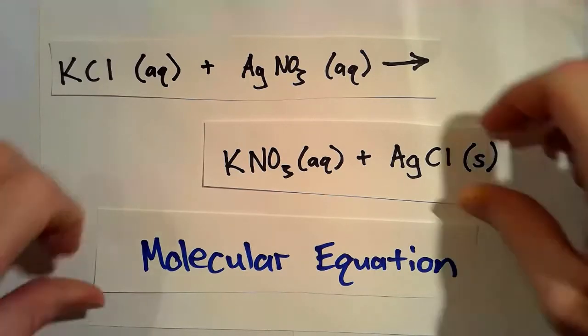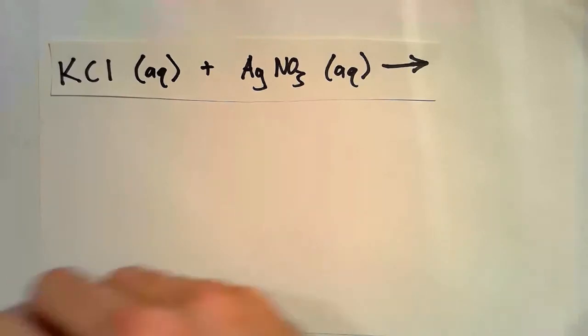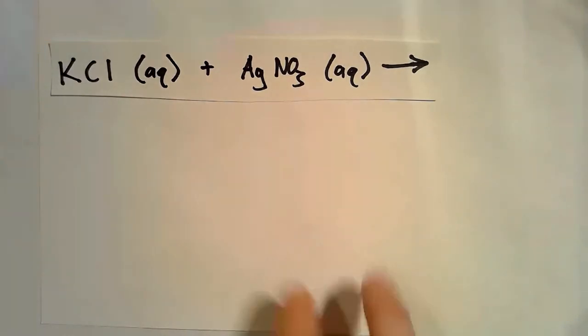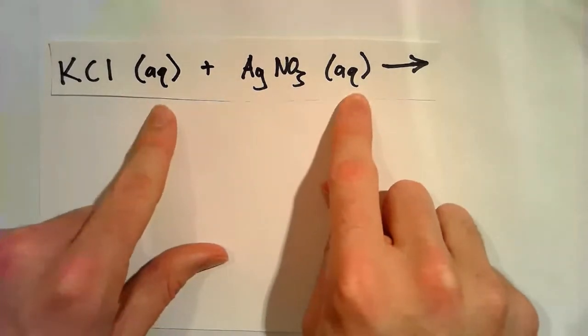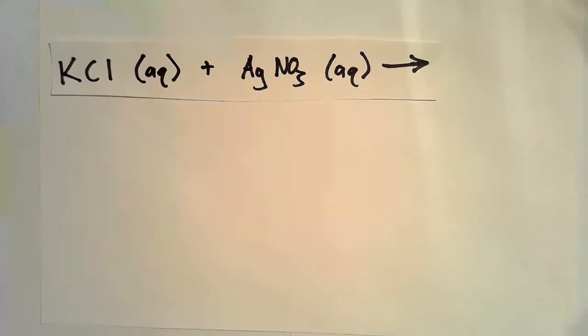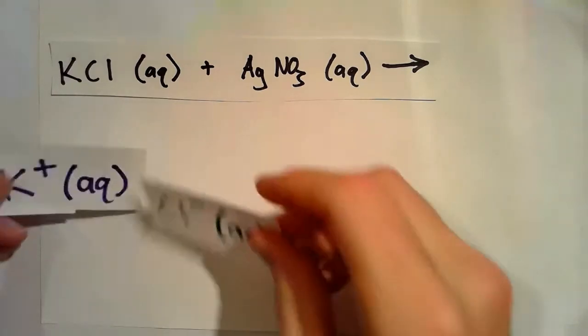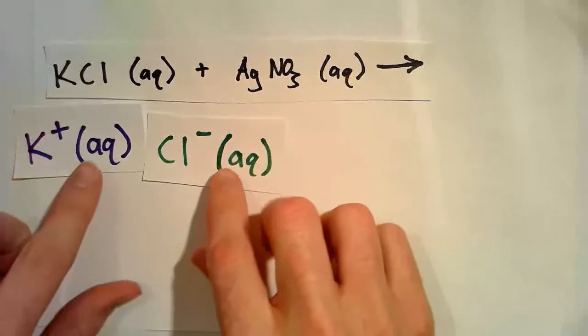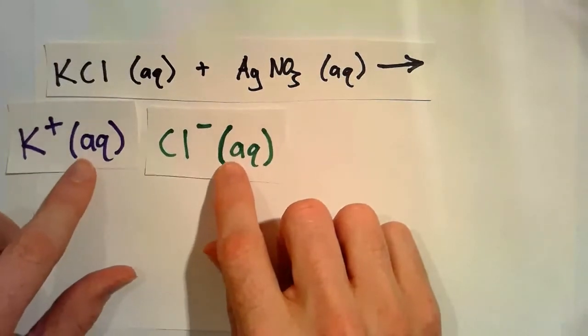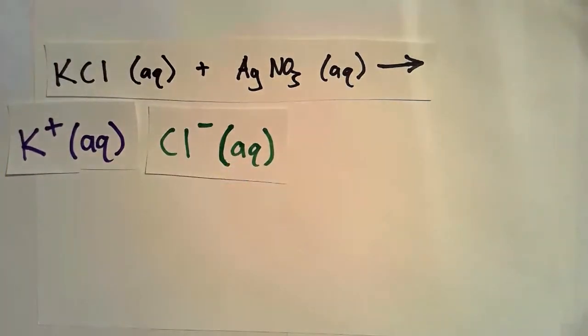So now let's look just at our reactants right now, and I want y'all to note that these are both in aqueous solution. So if they're in aqueous solution and they're ionic compounds, they will actually break down into different ions as soon as they touch the water and once they dissolve.